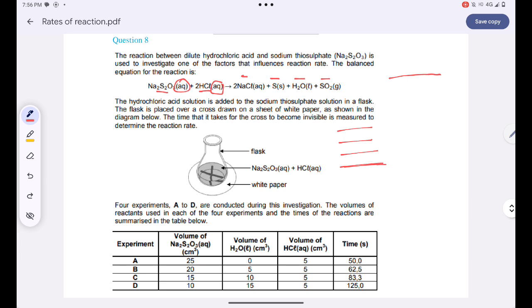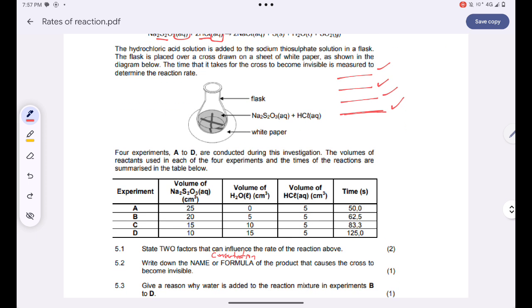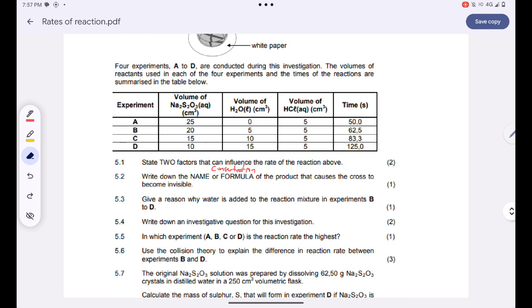But now the only factors that might change the reaction are the change in concentration of our reactants, an increase in pressure, temperature, as well as an addition of a catalyst. So any 2 of these 4 will have an impact on our reaction rates.